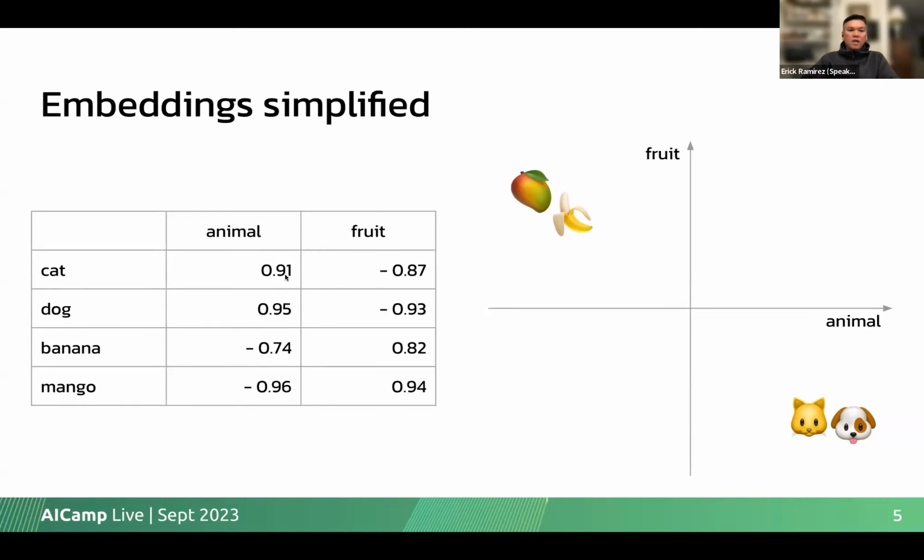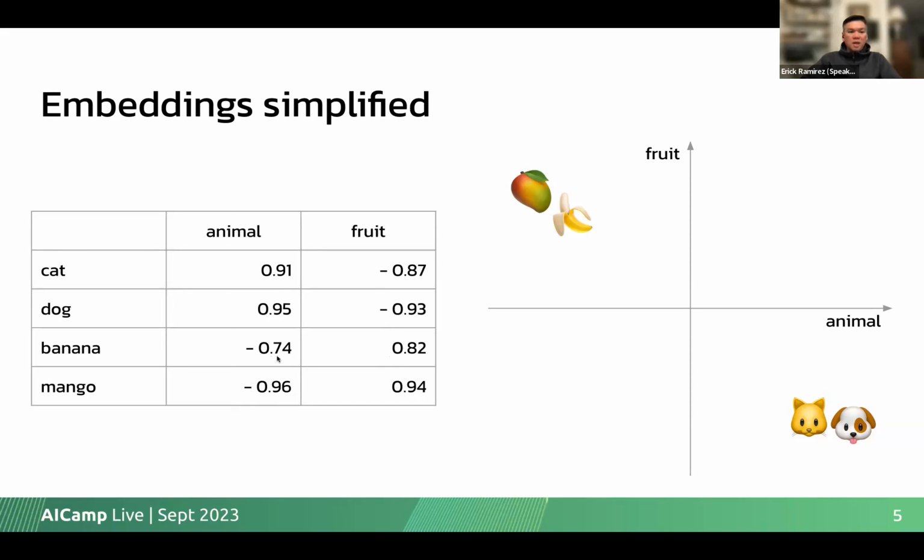If we were to graph those features, the cat appears quite low on the scale in terms of fruit, but it ranks pretty highly as an animal. When you look at the embeddings here, you can see that cats and dogs have a pretty similar ranking when it comes to being an animal, but the mangoes and bananas actually rank pretty low, at a completely different end of the spectrum.